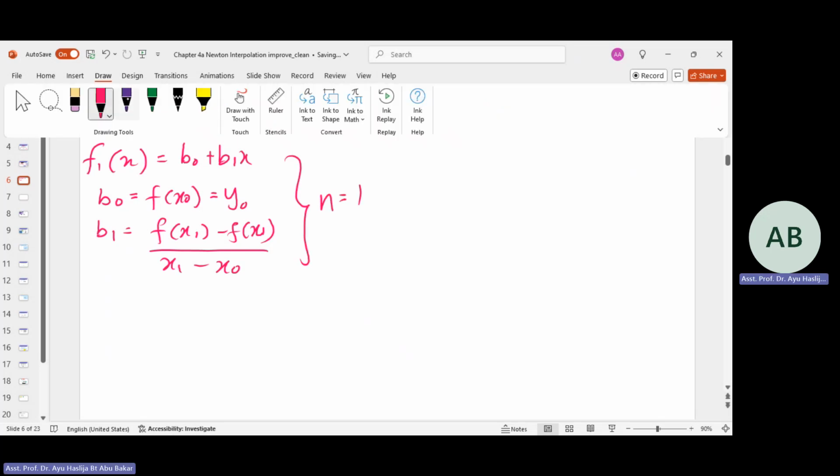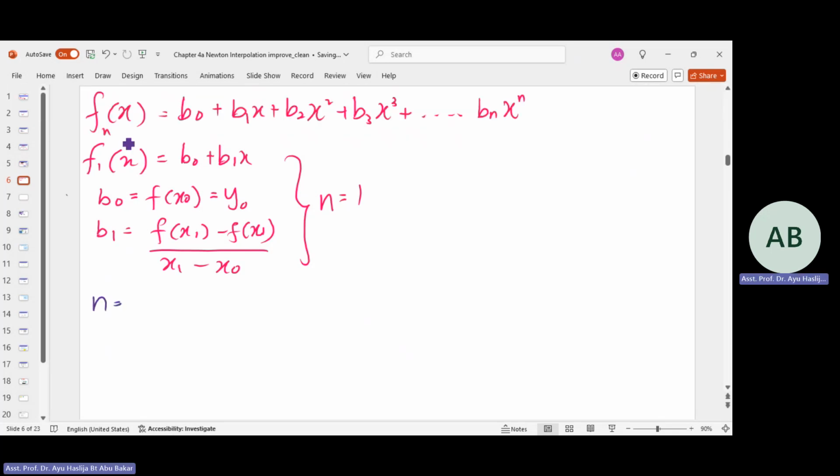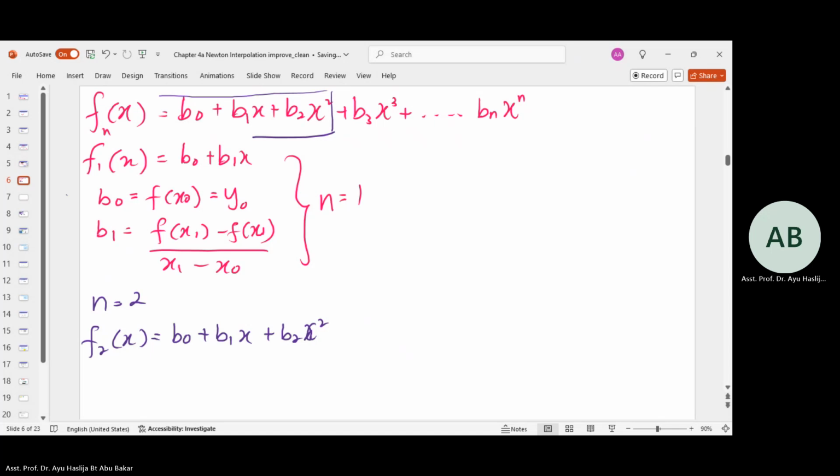Now, what if n equals 2? Then your function will be up to here: f2(x) equals b0 plus b1x plus b2x power 2. b1 has the same equation, and the value depends on your data points.